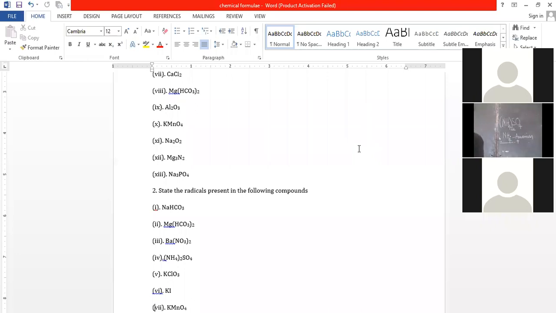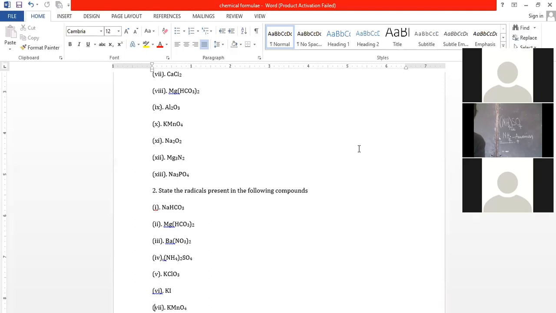Because it is positive, it can combine with the other radicals that are negatively charged. For example, it combines with the sulfate to form a compound called ammonium sulfate. So it is the only radical that can combine with other radicals. I hope we've taken note of that.